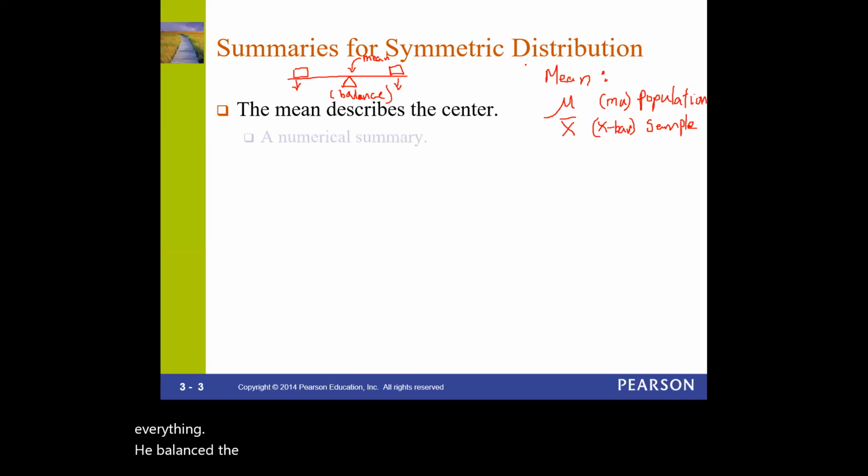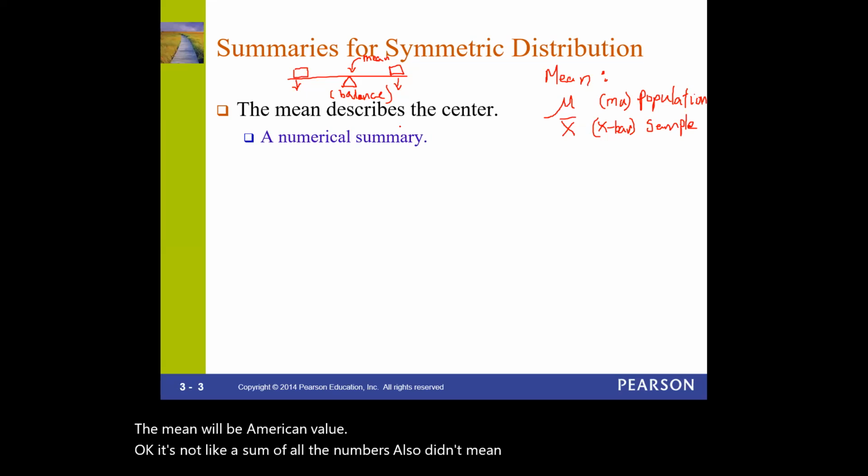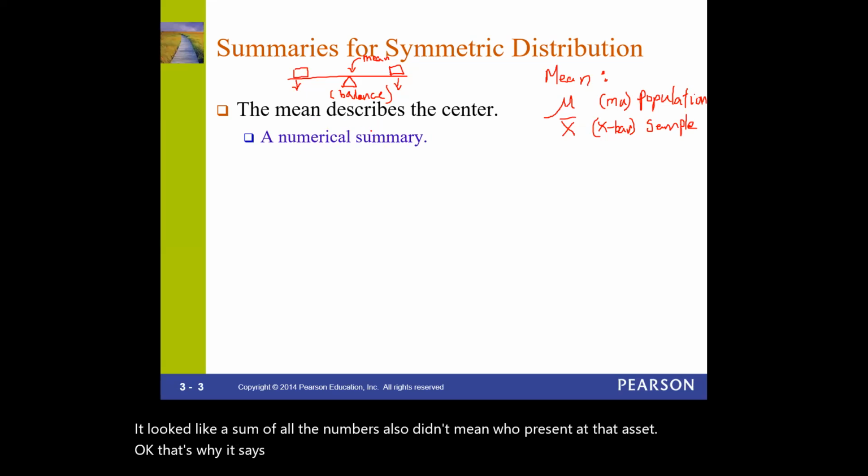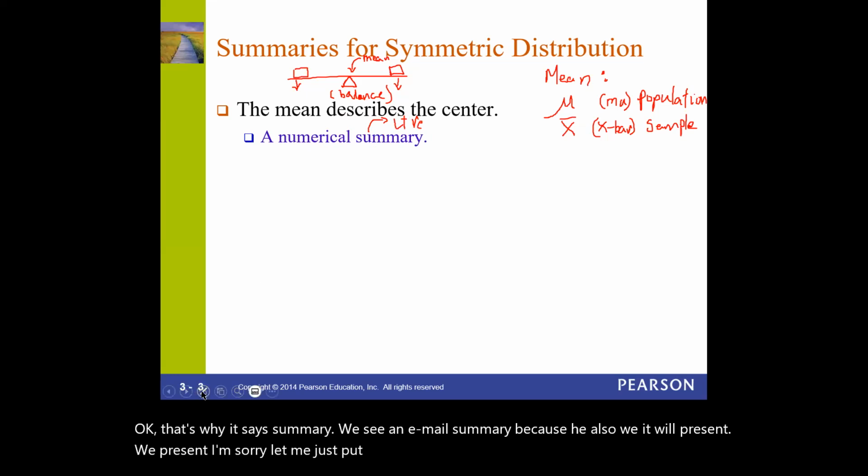Okay, so the mean will be a numerical value. It's like a sum of all the numbers. Also, the mean will represent a data set. That's why it's a summary. I'm sorry, let me put this in writing better here.